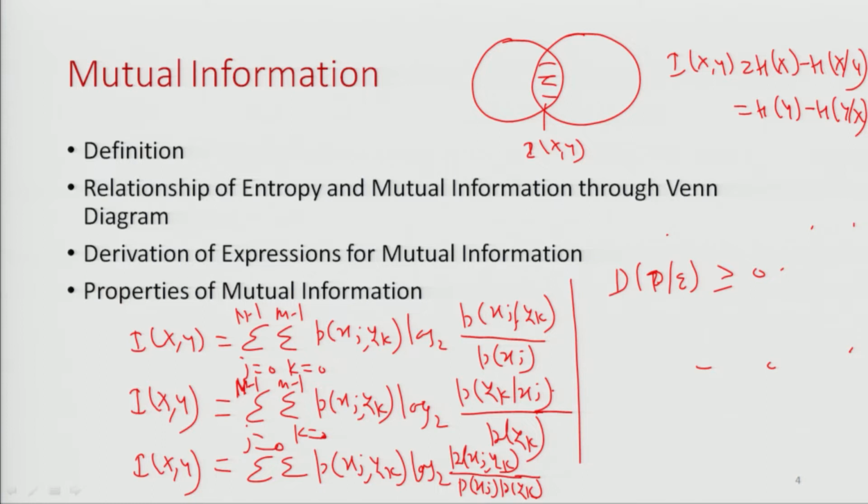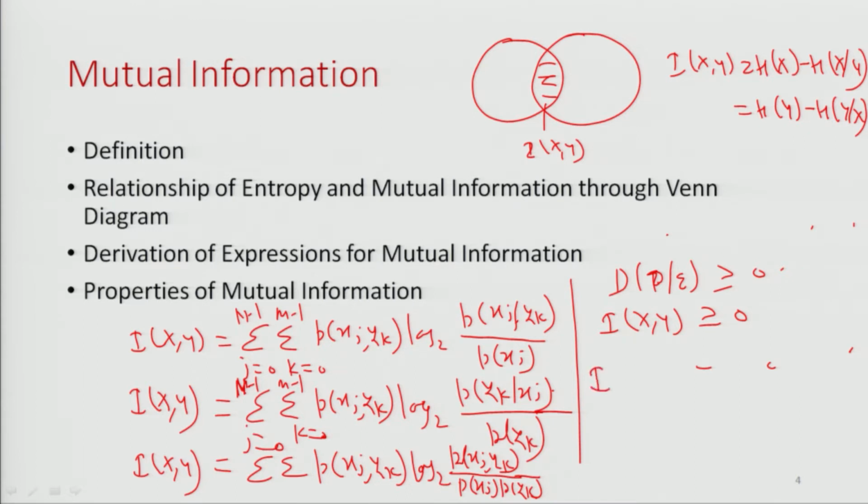So I(X;Y), the mutual information, is always positive. That is one property of the mutual information.